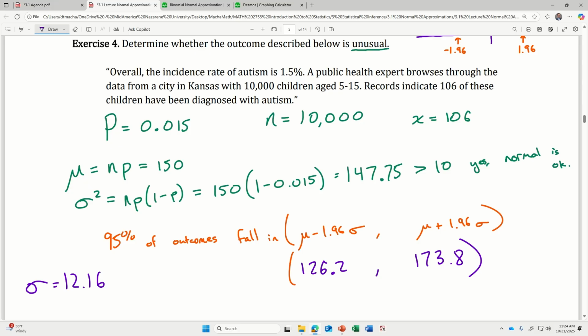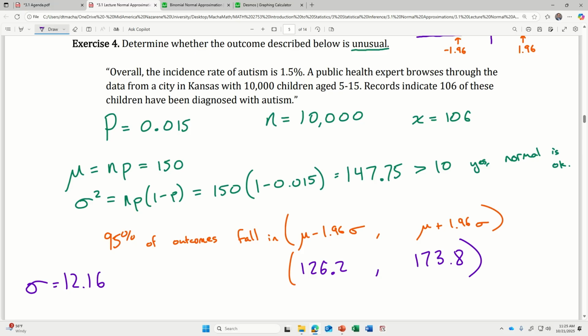So again, knowing that this is a binomial random variable, knowing that the probability is 0.015, and knowing that I'm looking at a data set with 10,000 children, I'm expecting that 150 kids would have an autism diagnosis. But I know it's not going to be exactly 150.